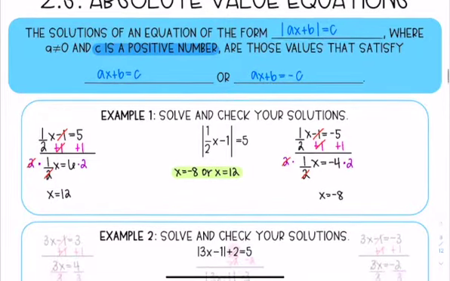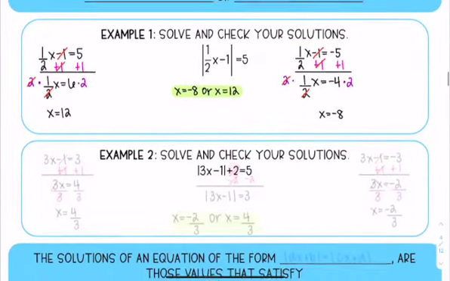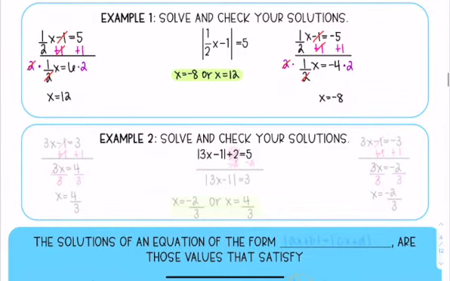Let's go ahead and try example number 2. We have the absolute value of 3x minus 1 plus 2 equals 5. And so the problem comes into play here. That absolute value is not by itself. So what we want to do is we want to subtract 2 from both sides so that we can get the absolute value by itself.